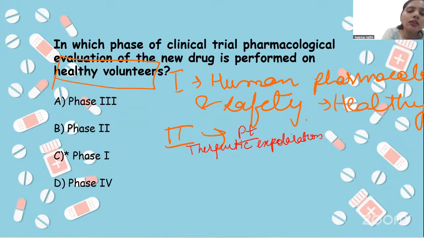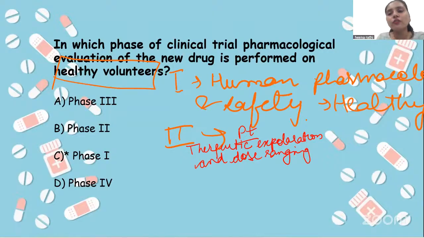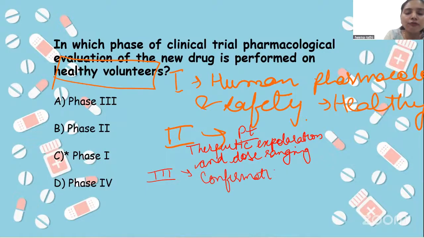We are going to see the effects of the variable doses in the patients of that particular disease for which we are developing the new drug. Third, after the therapeutic exploration and dose ranging, when we are confirmed with the dose, then there is therapeutic confirmation of the dose: how much dose is necessary for that particular condition.